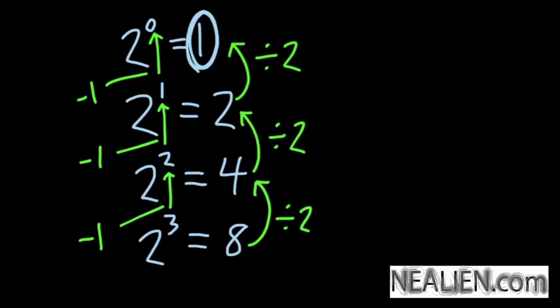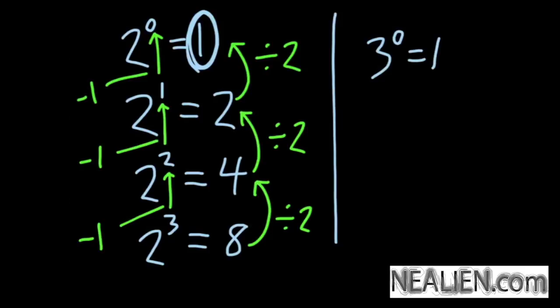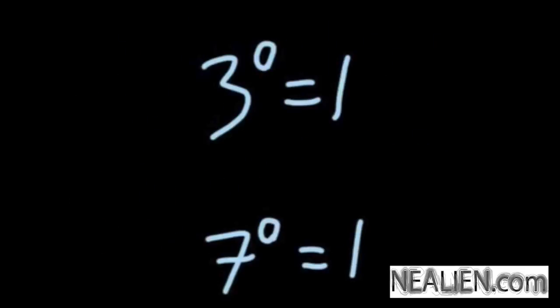So any number to the 0 power is going to be 1, except for maybe 0 or something out of the ordinary. But any negative number, any positive number, any decimal, any irrational number, the natural number e, pi, any number to the 0 power is going to be 1. So 3 to the 0 is 1, 7 to the 0 is 1.